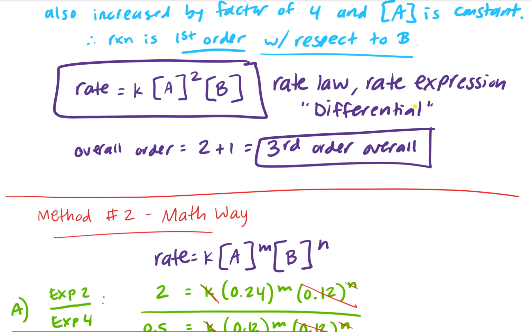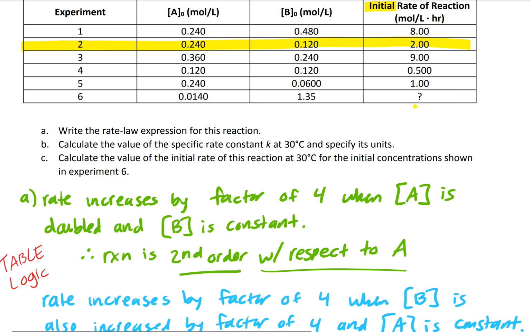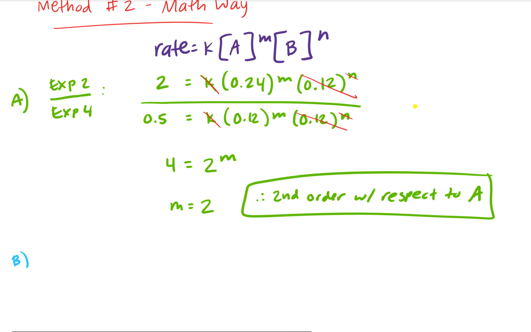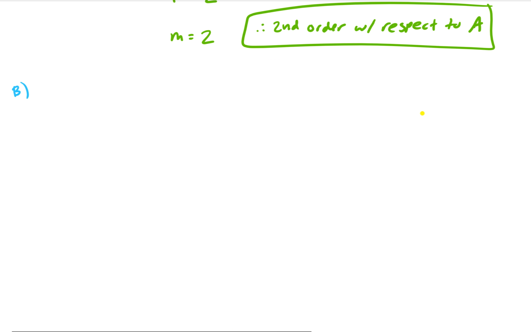And I always like to choose the one that has the bigger rate and put that one on top, and the one that's smaller, put it on the bottom. So this is going to be experiment number 1 divided by experiment number 2.